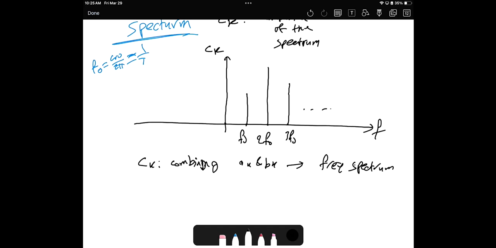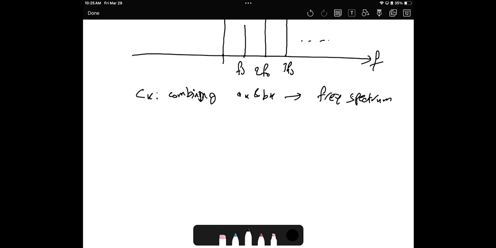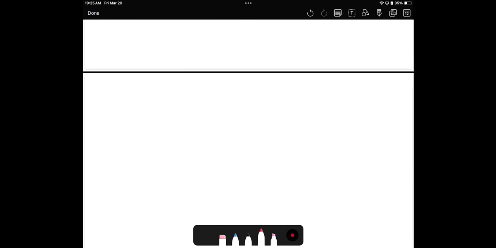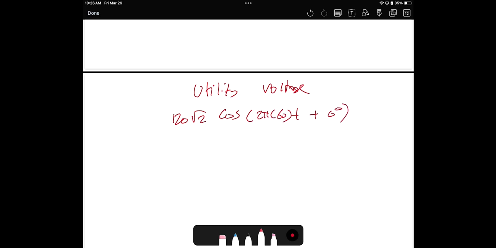So it's cosine according to Fourier series in our standard. I'm going to write it this way, which is, we say 120 square root of 2 cosine 2 pi times 60 t plus, let me see, the angle is 0. Right? That's how the voltage looks.